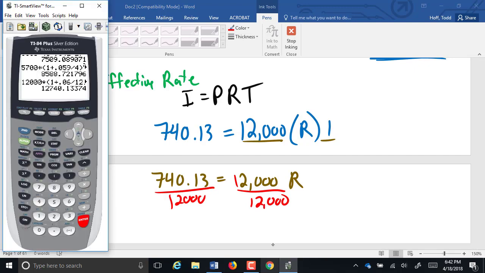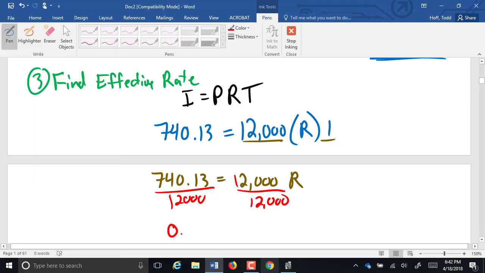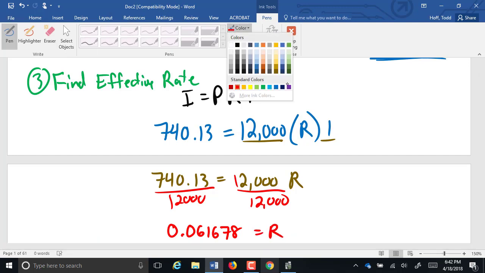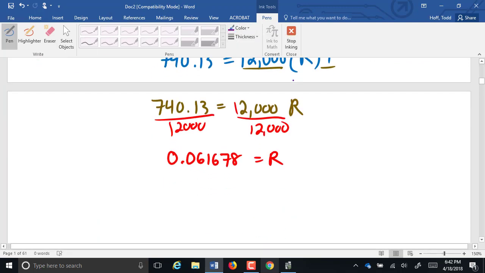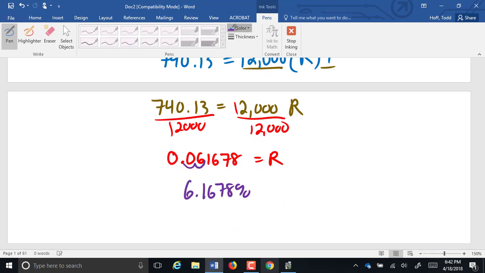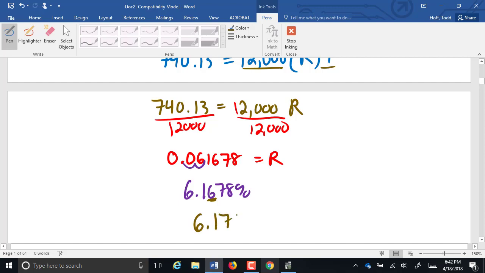So $740.13 divided by 12,000 is 0.06167 equals R. So we move the decimal 2 spots to make it a percent. 6.1678%. And unless we're told otherwise, we're going to round it to the 100th of a percent. That's 6.17% is our effective rate.